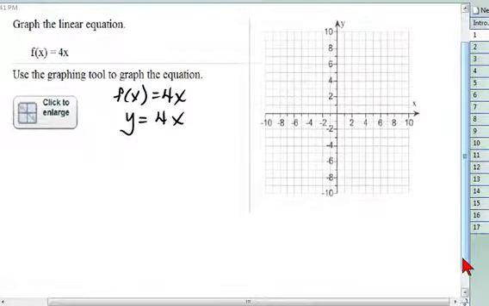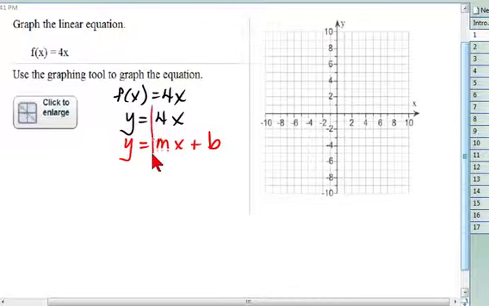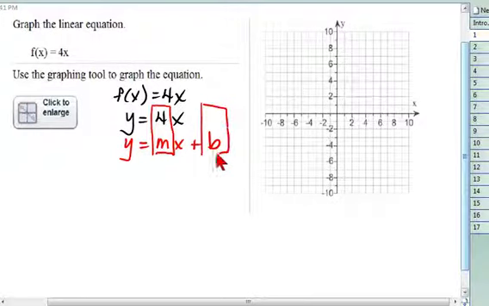I am going to compare it to slope-intercept form. Slope-intercept form is y equals mx plus b. And I'm going to compare it very carefully. I want to notice that the 4 is in the place of the m, and then notice that there seems to be nothing in the place of b, which means what could be sitting there? A 0.